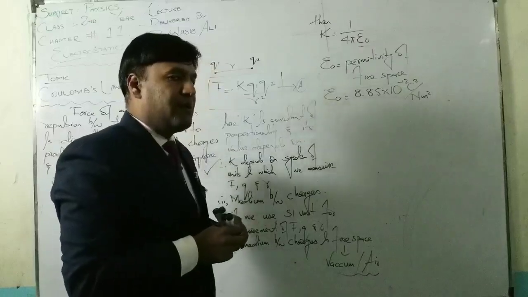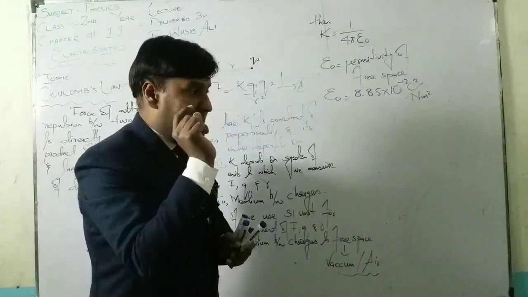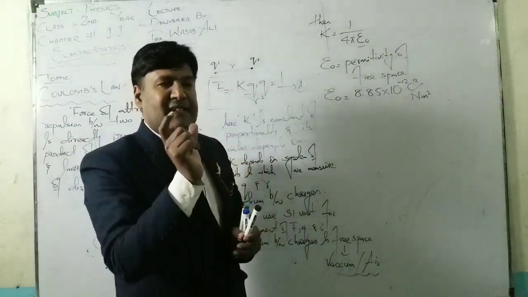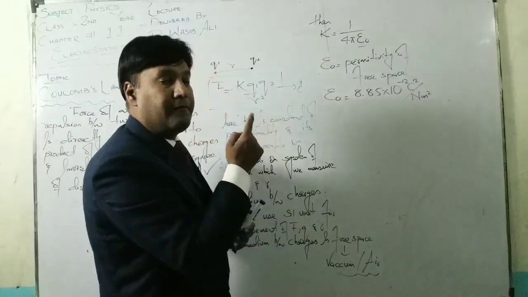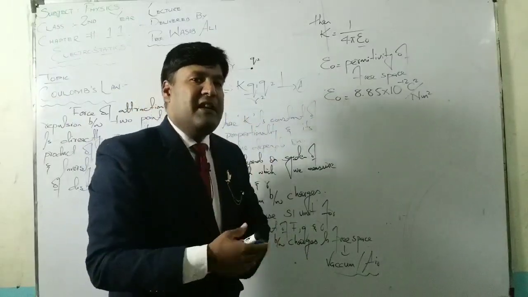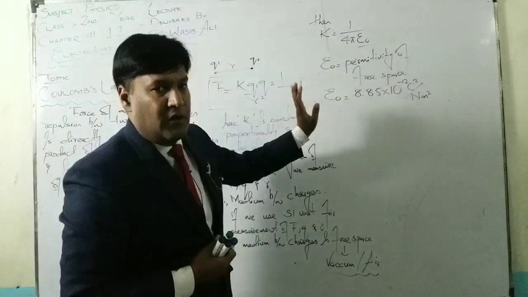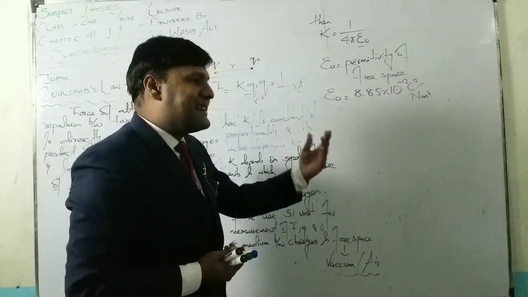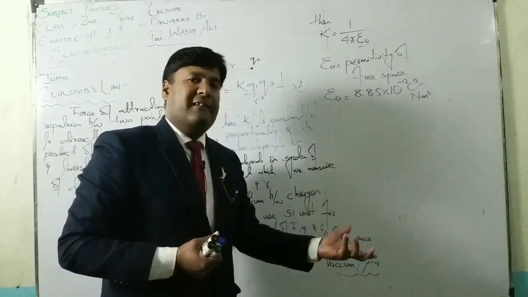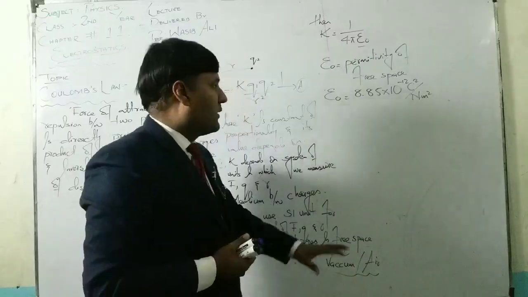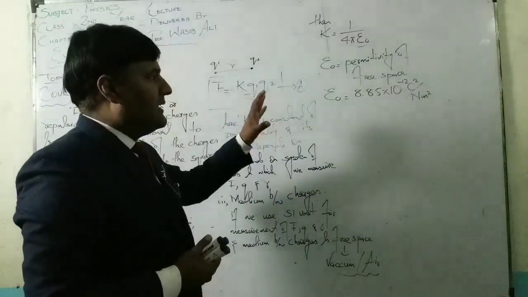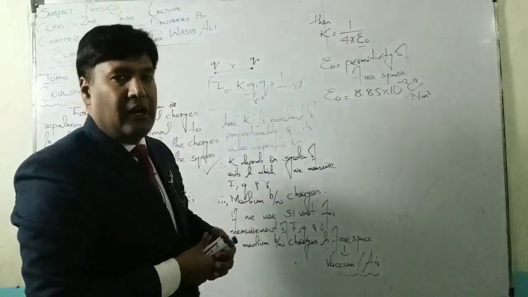Keep memorizing this value and keep in mind that this constant is for free space. If you change the medium, then you will not use epsilon naught. In that case you will use relative permittivity, which we will discuss later on. So this is the value of the permittivity of free space.